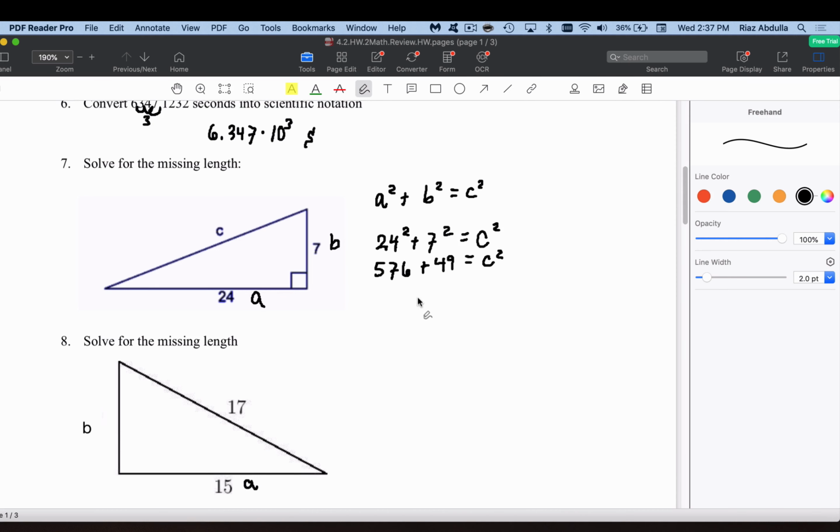So that's going to give me 625 equals c squared. And now I can take the square root of both sides, and that's going to give me c equals, I believe, 25. That is correct.